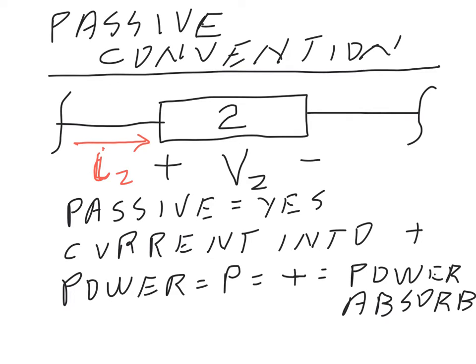Okay, so there's our definition. If the current is flowing into the positive end of our device, it is passive. Power will be positive, which means power is being absorbed.